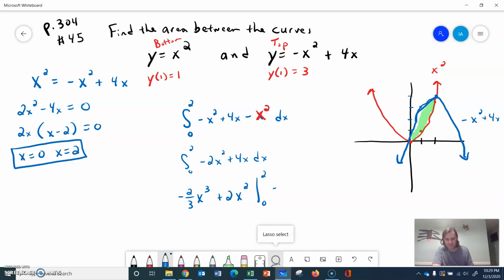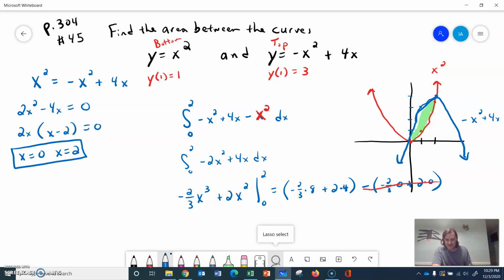So when I evaluate this, I'll have negative 2/3 times plugging in the 2, times 8, plus 2 times plugging in the 2, 4. And then when I do the second one, it's going to be negative 2/3 times 0 plus 2 times 0. So that whole second part just wipes itself out.